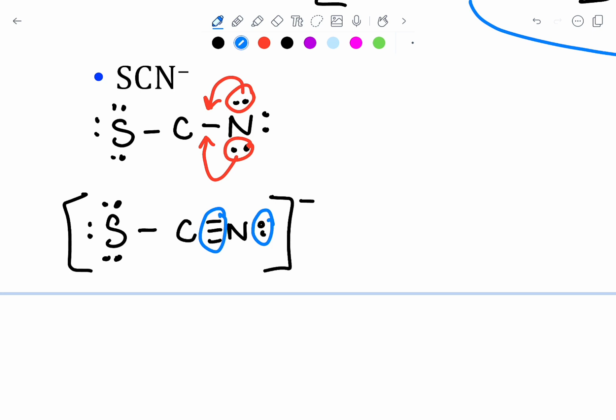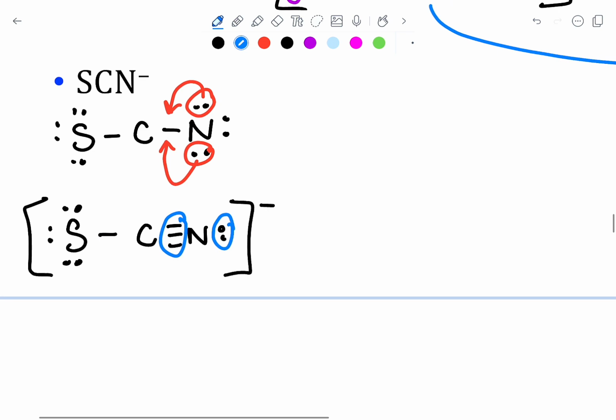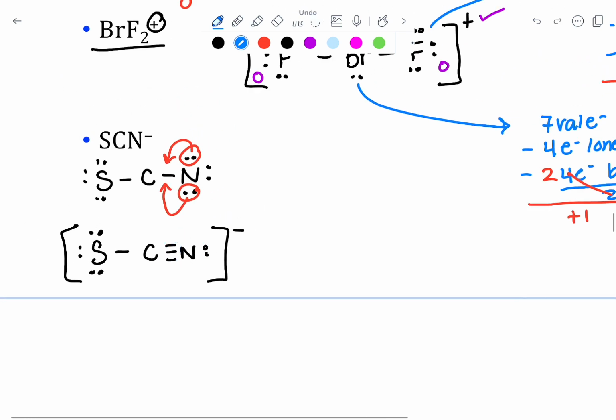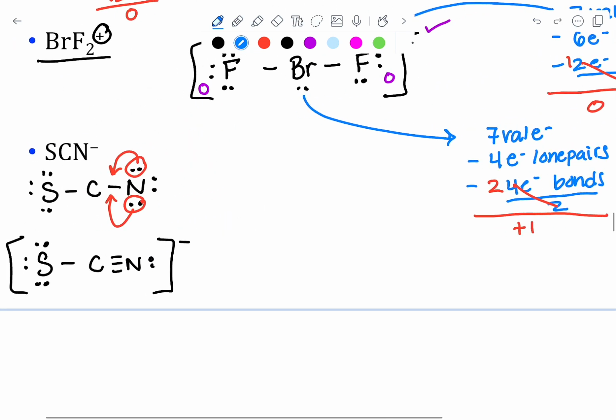So this structure is the one that would follow those rules of our individual atoms of nitrogen. So that's why I chose to move 2 of my lone pairs from nitrogen onto the carbon instead of taking any from sulfur, because there are no specific rules for sulfur, at least not for right now. We may learn about some in our next section, but for right now, nitrogen is the one that has the rule about it.